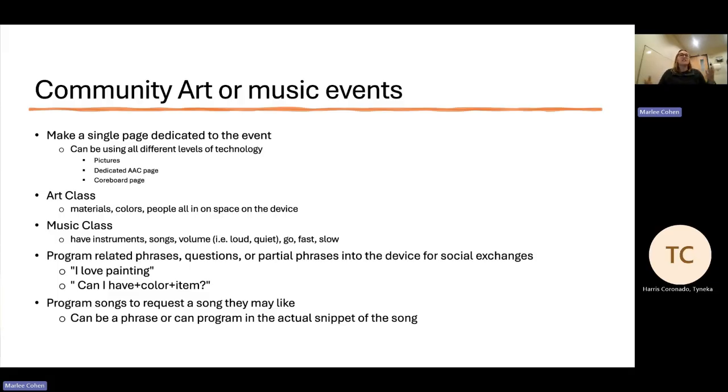So just having that different vocabulary dedicated and talking about it. Music classes, talking about the instruments. You could have the songs that could be happening, talking about the volume. Is it too loud? Is it too quiet? Should we sing it fast? Should we sing it slow? Giving them different descriptors and language that they can make those requests, because those are requests that come up in those sessions.